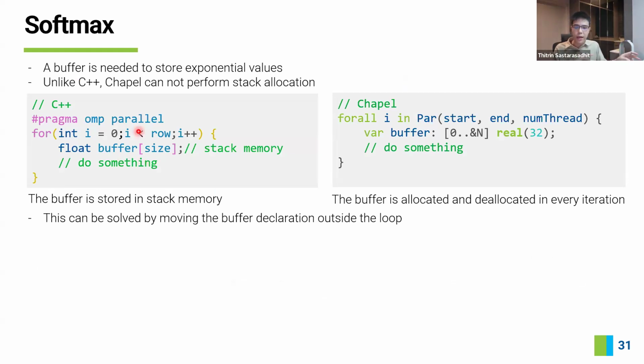However, in Chapel, I cannot do the same here because, unlike C++, where declaring in the loop puts the array in stack memory, Chapel will allocate and deallocate every iteration, which costs some performance. So I had to move the buffer out of the loop. I think it would be great if we could somehow declare arrays explicitly.